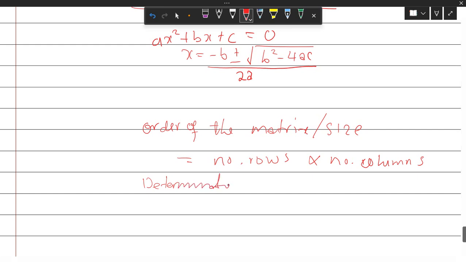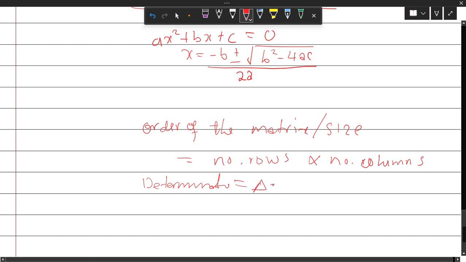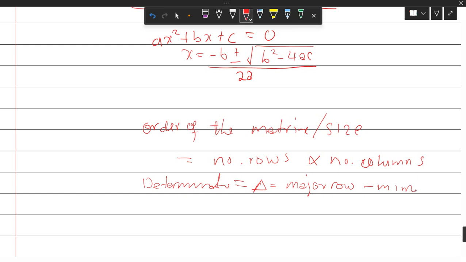The determinant, also represented by delta, is equal to the major diagonal minus the minor diagonal.